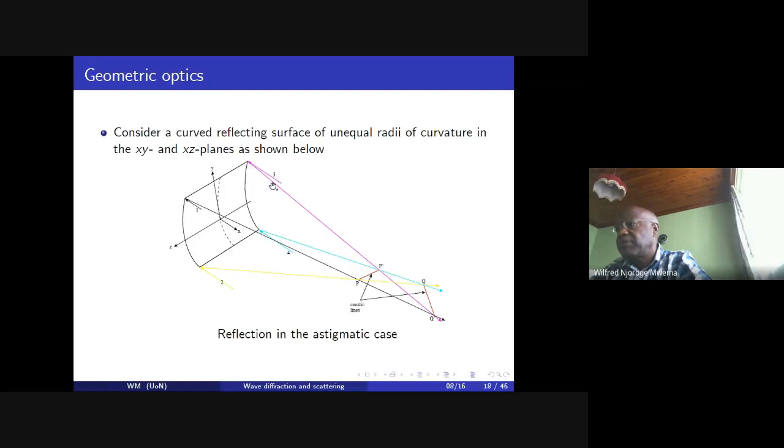Ray 3 will be reflected and come through Q prime, while ray 4, the blue-gray one, will pass through P prime and Q. So the reflected waves do not necessarily cross at the same point. That is, they do not focus to the same point. And this is what we call astigmatism.